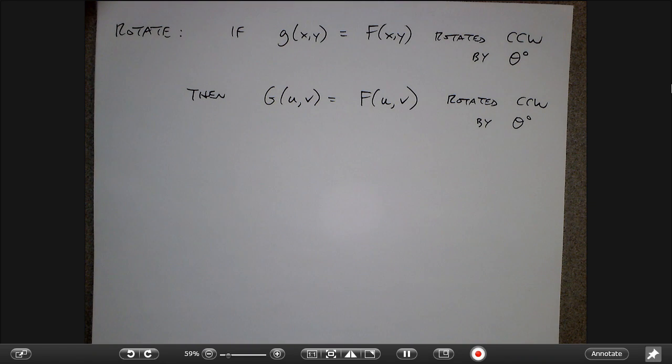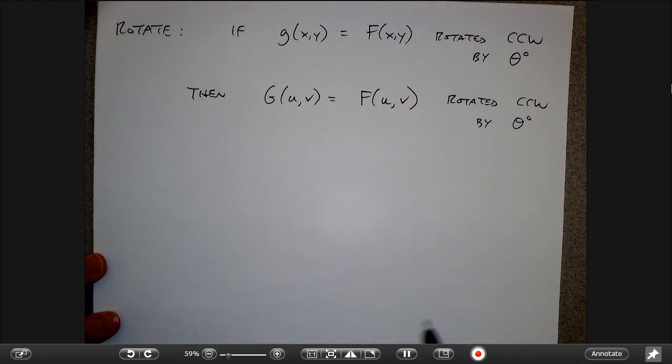And that stands to reason, because if I rotate things, I should just be rotating all the contributions of the cosines. This is going to be one of the things I ask you to prove on homework 4. It's just a simple change of coordinates in UV space.